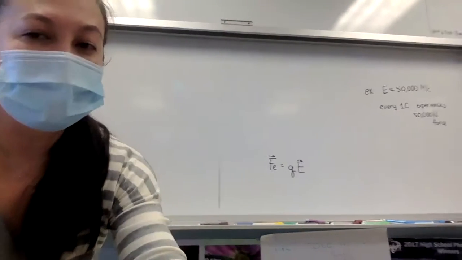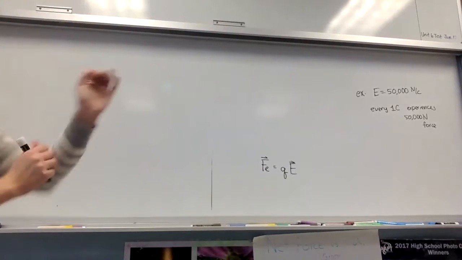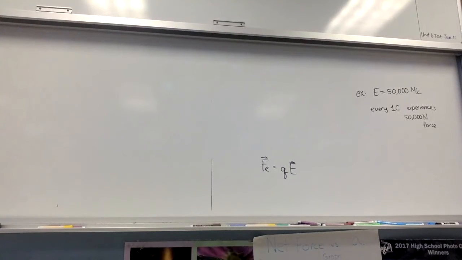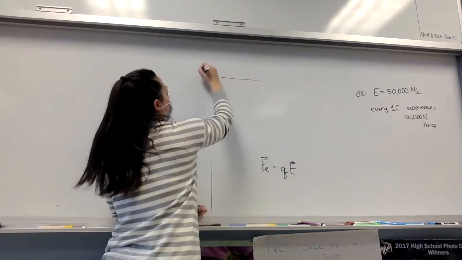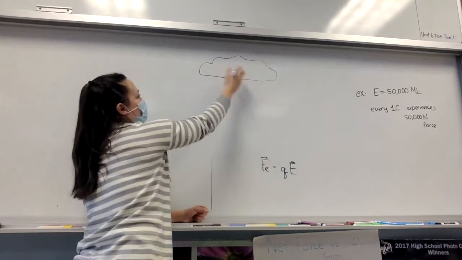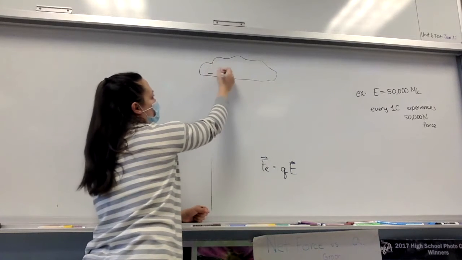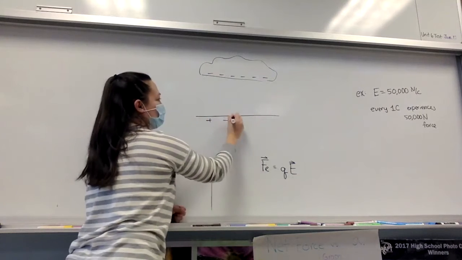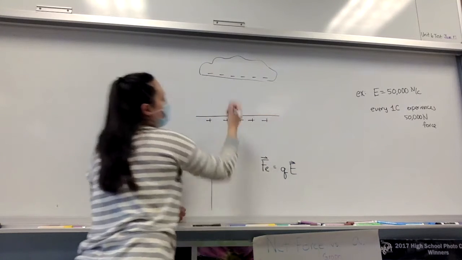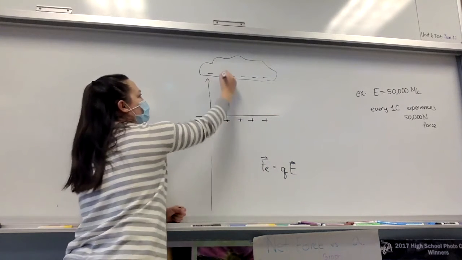Okay, so let's say I have a field of 50,000 newtons per coulomb, and maybe I'll make this like the lightning problem we looked at earlier. So let's say I have my lightning cloud, and it has its negative charges at the bottom. The ground has positive charges. So in between them, I've got this uniform field.